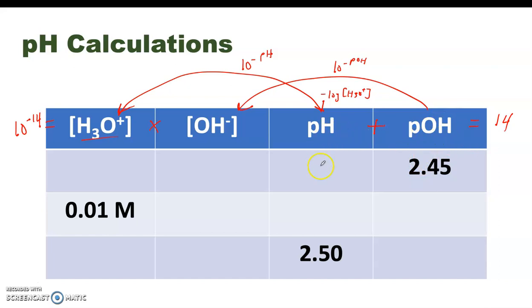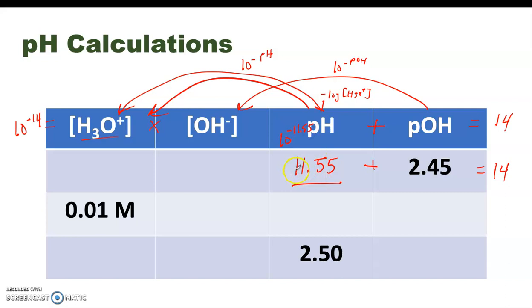So I know that this plus this equals 14. So I'm going to go 14 minus 2.45, and that's going to equal 11.55. So I know my pH is 11.55 if my pOH is 2.45. Now to go from here to here, I am going to take 10 to the minus 11.55.